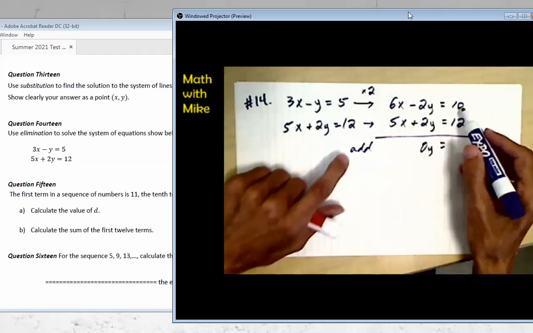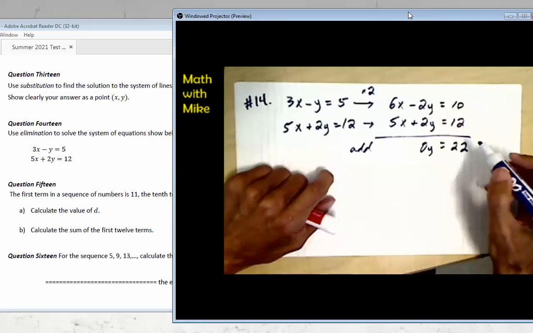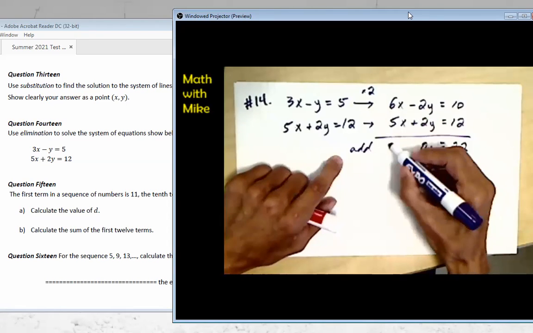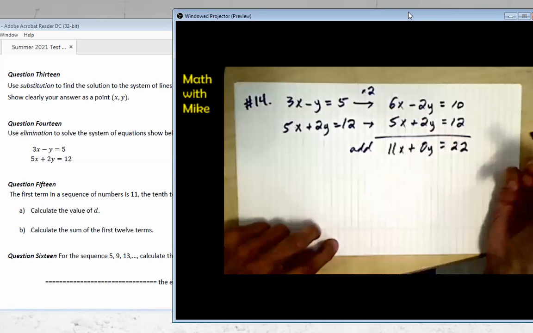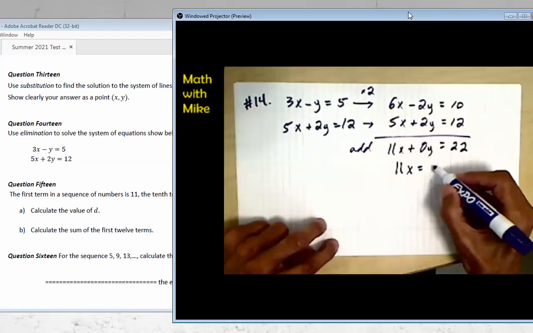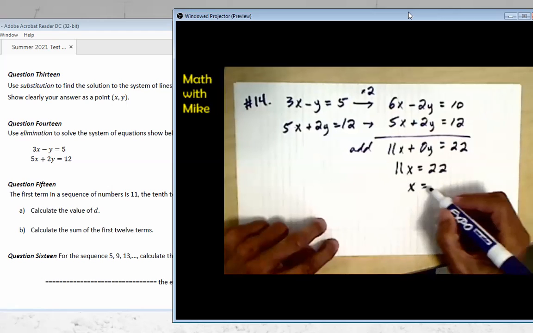So 10 added to 12, 22. We're adding. So 6x added to 5x, 11x. Plus 0 like that. So 11x, clean it up, is equal to 22. X is equal to 2.